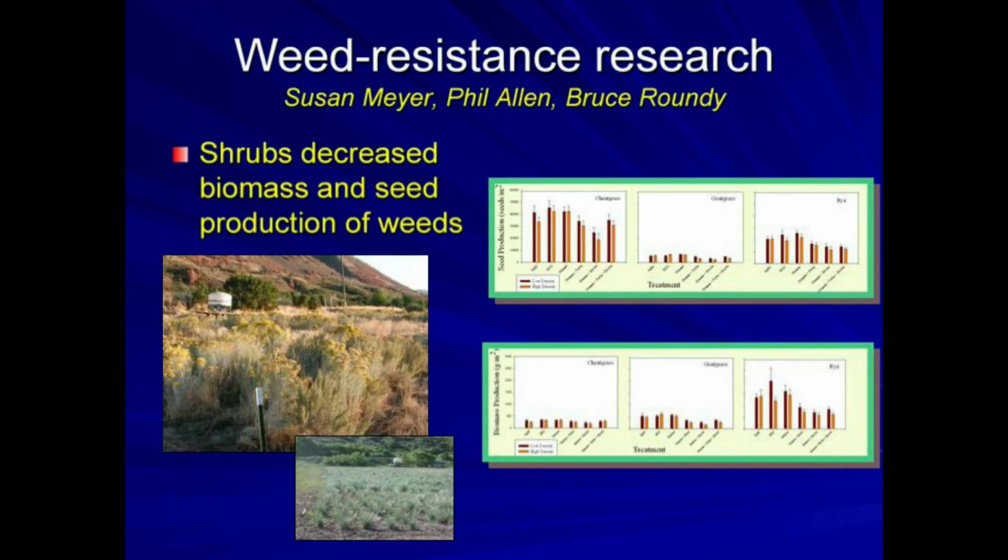We didn't create a community that stopped those weeds. We could not create a weed-resistant community. Now, maybe over time that might happen, and it's a wait-and-see kind of thing, but right now we're decreasing the production of weed seeds, but it's still enough to keep the weeds in there. So how much is enough makes a difference.